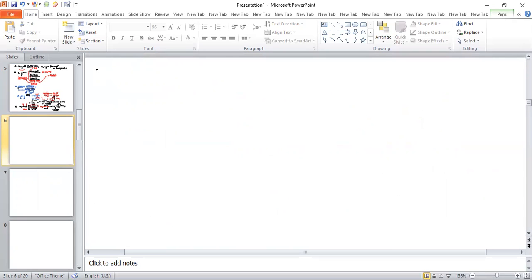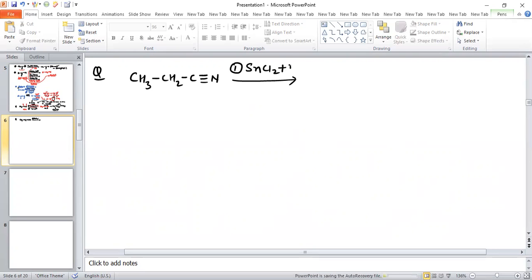Now you can see, if the compound given is CH3 CH2 C triple bond N, and we do Stephen reduction, we add SnCl2 plus HCl in the first step, and in the second step hydrolysis takes place, with H2O and H positive.